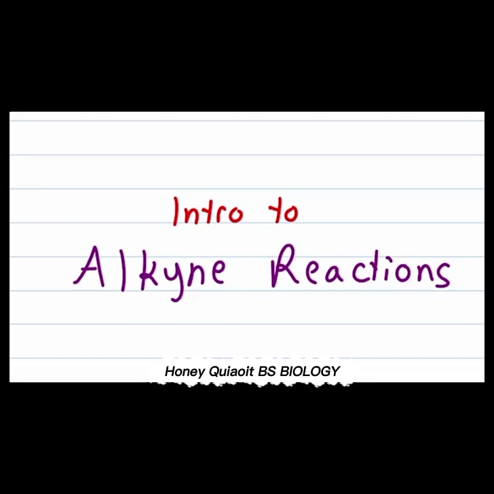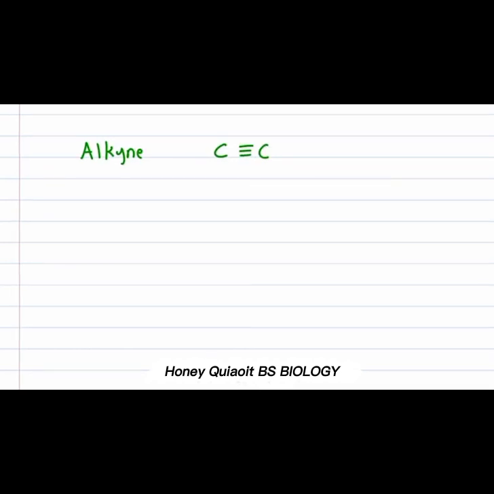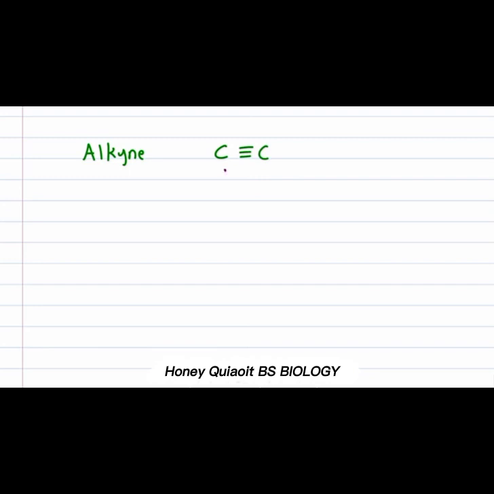Again, an alkyne is a molecule that has a carbon-carbon triple bond, which is written out as a carbon with three lines, but remember that the three bonds consist of one sigma and two pi bonds.